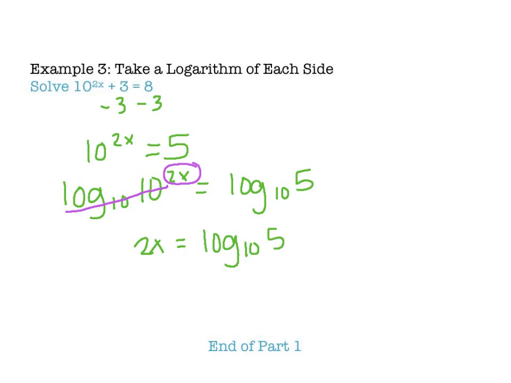And then I can go ahead and divide each side by 2 to finish. And so x is equal to log of 5, because that 10 doesn't have to necessarily show up. You know it's there, over 2. Now, if you are not able to use a calculator, you will be able to just leave your answer like this.